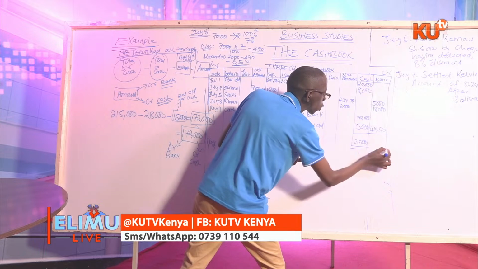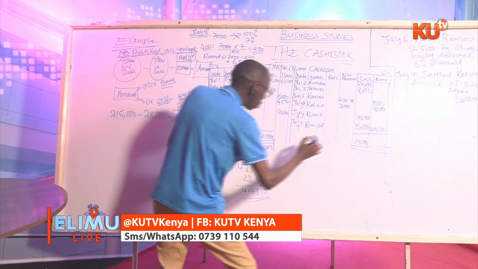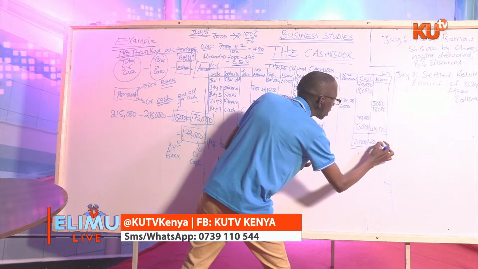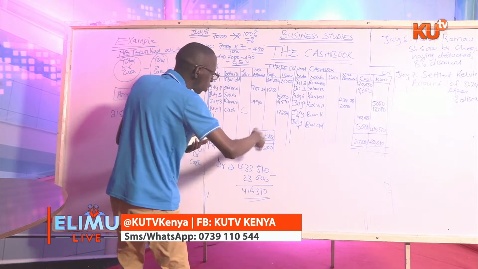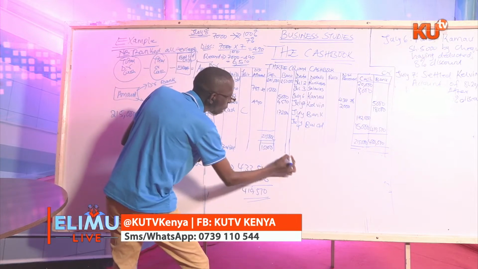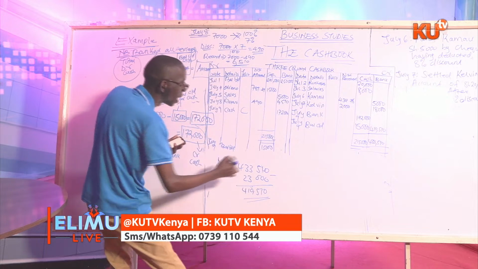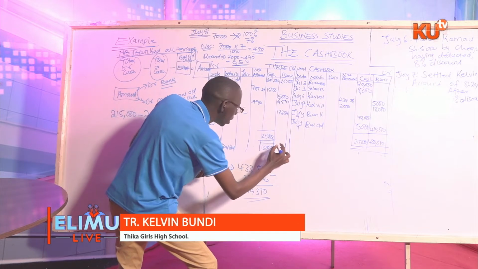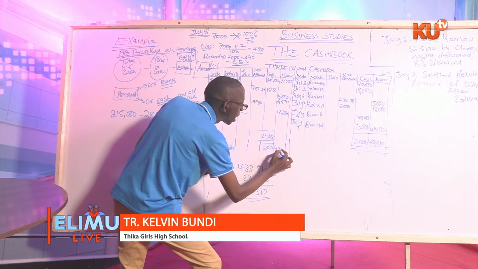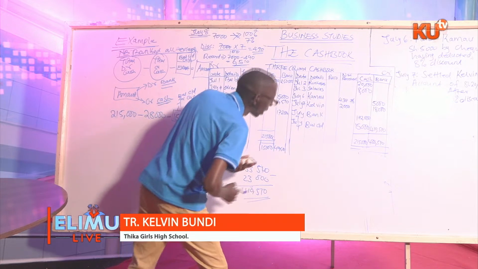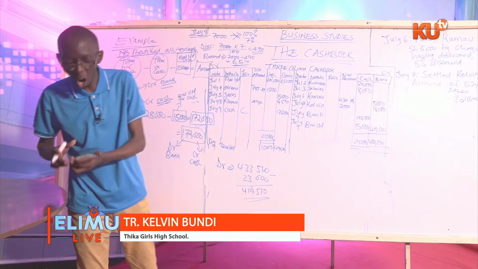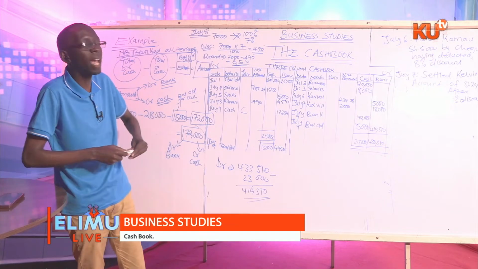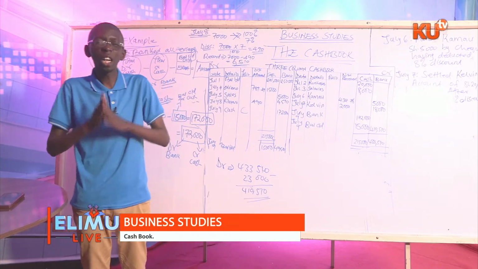Then the totals will be the same, 433,510. Below the totals, on the debit side, you write balance brought down for bank, which is 410,510.